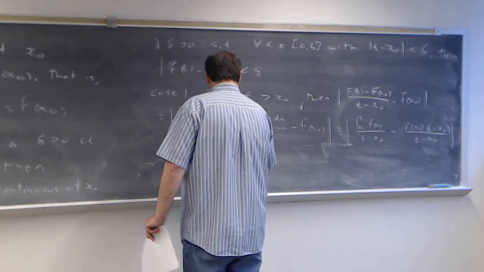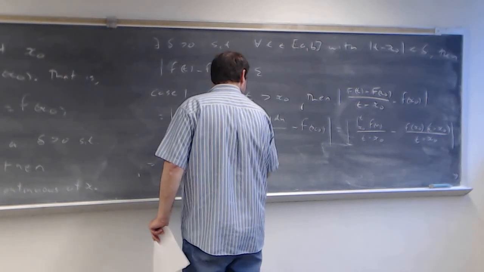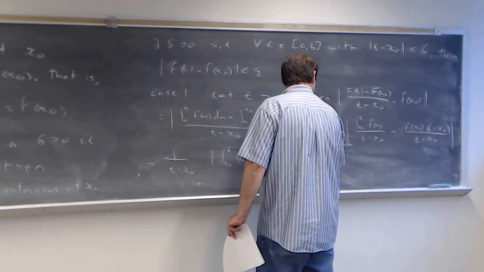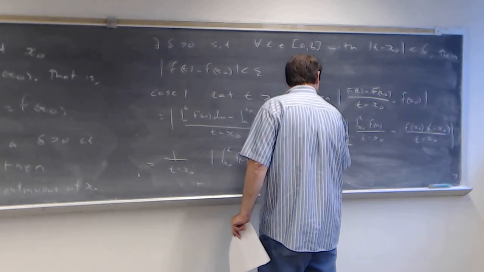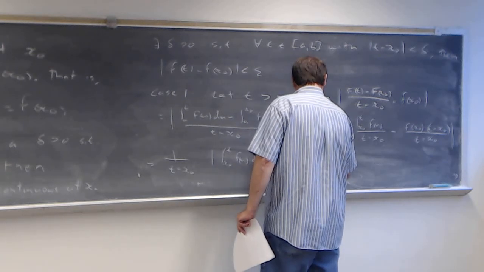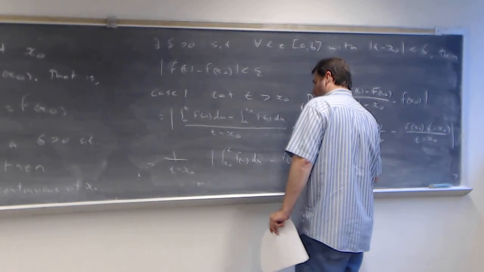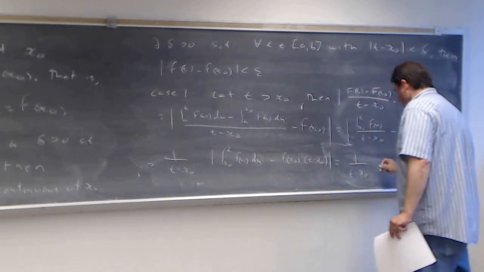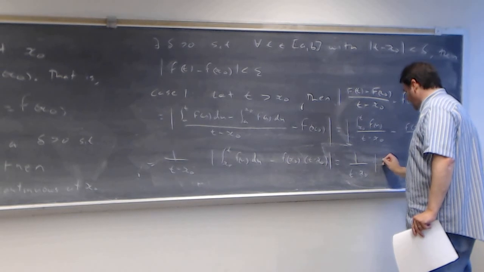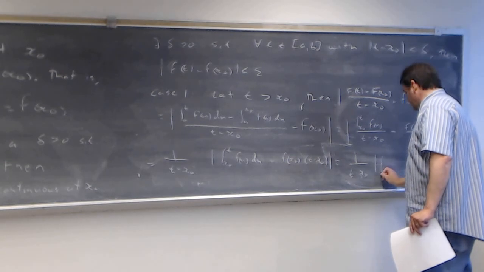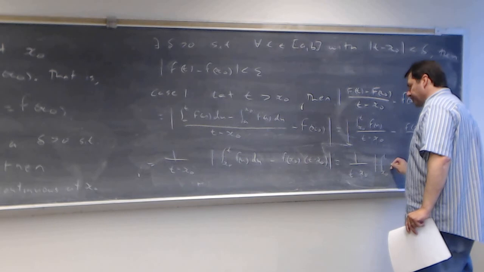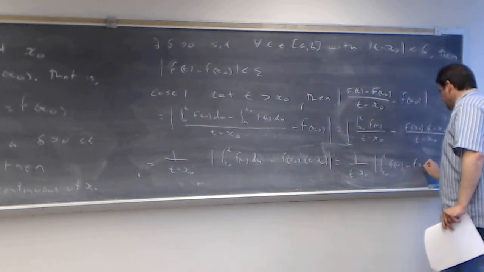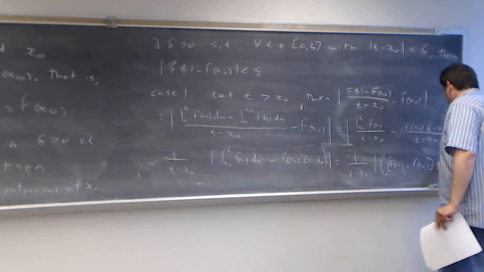Times the absolute value of the integral from x naught to t of f of u du, minus this f of x naught, which is just a constant, times t minus x naught. I'll rewrite this as 1 over t minus x naught times the absolute value of the integral from x naught up to t of f of u minus f of x naught du.